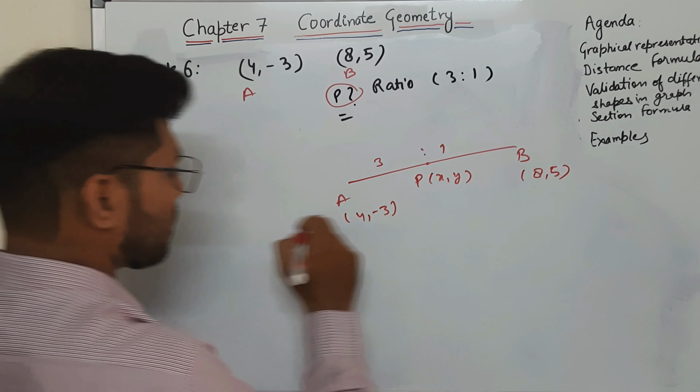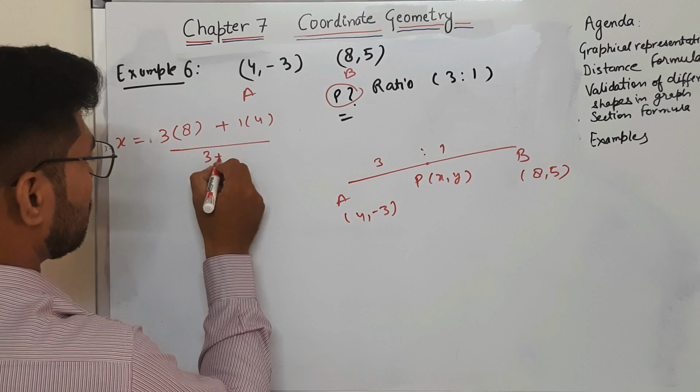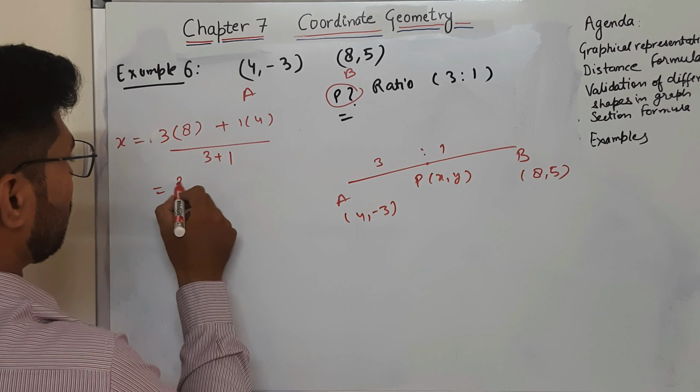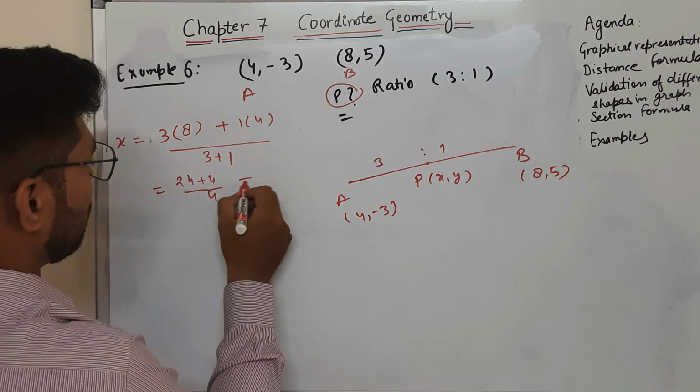Now as per the section formula, x will be this one, right, this 3, so you can put 3 into 8 plus 1 into 4 upon 3 plus 1. Which is (24 plus 4) upon 4, which is 28 upon 4, which is 7. So x is equal to 7.